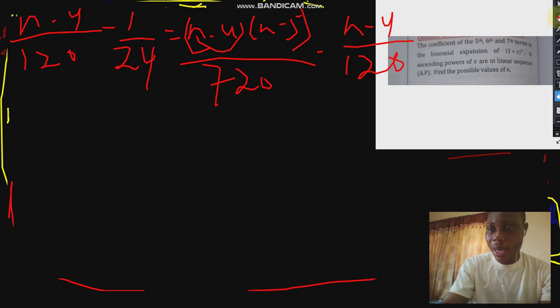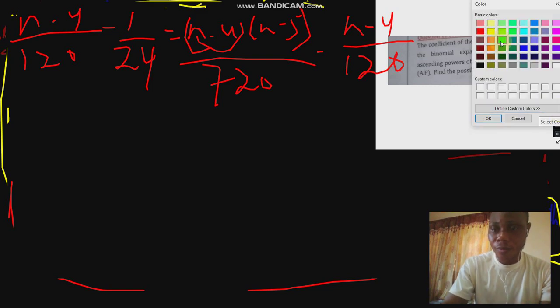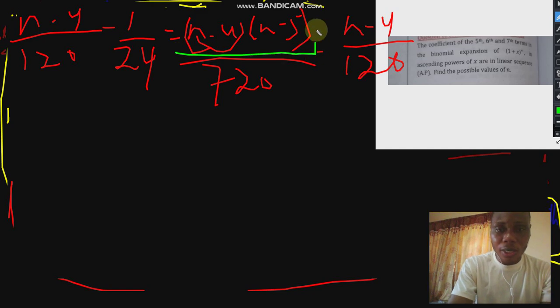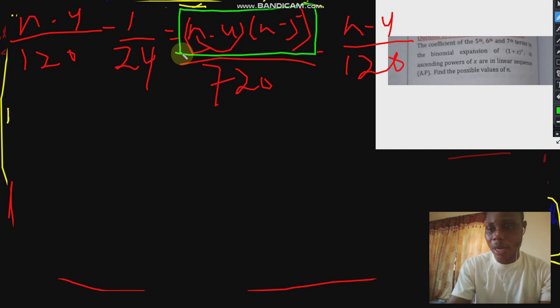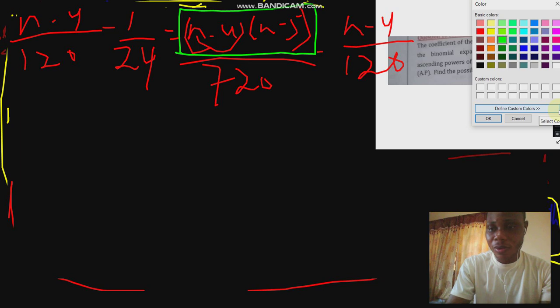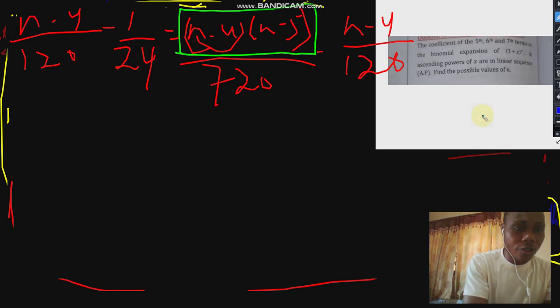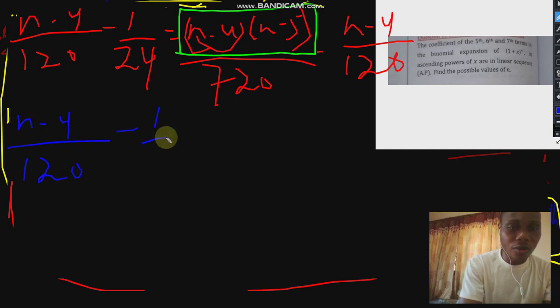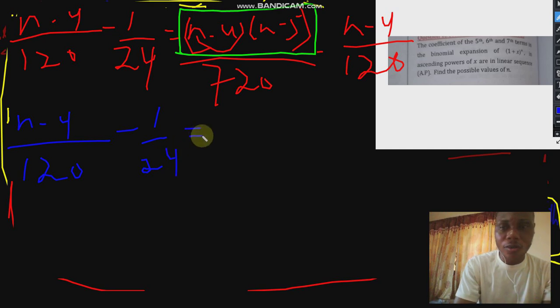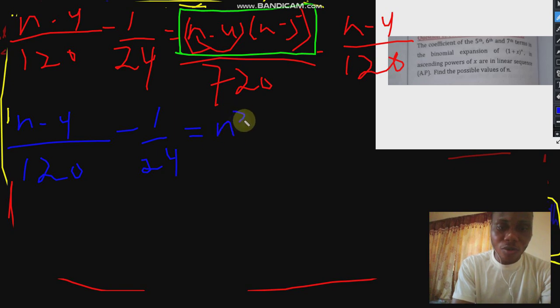We're supposed to expand this, multiply through by 720, and then simplify and solve for n. So this place goes to n minus 4 and 120 minus 124, which is equal to, if I expand this one, n squared. Understand?